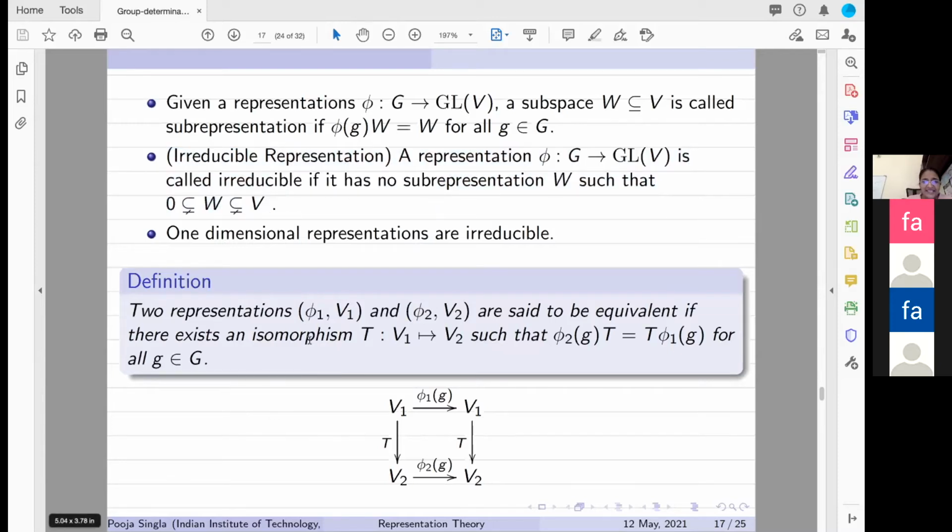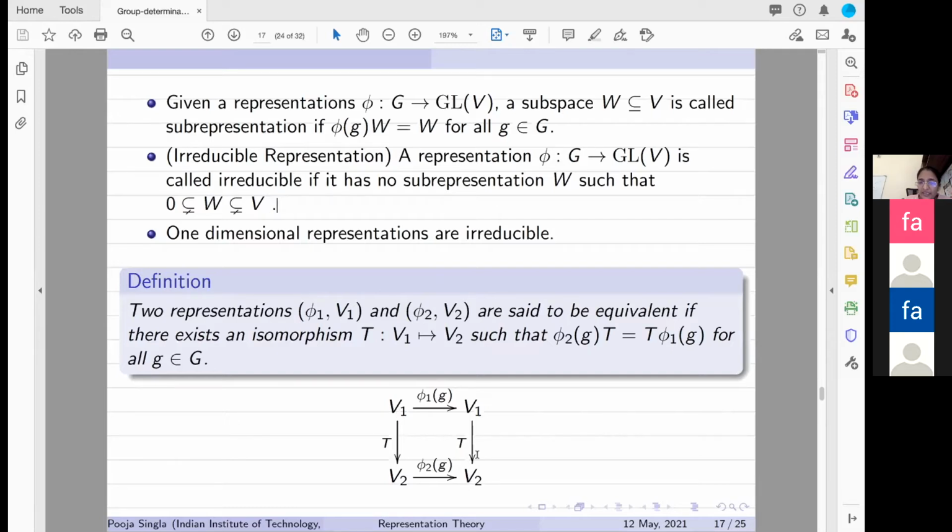And another thing I need is equivalence. So two representations, let's call them (phi1, V1) and (phi2, V2). By (phi1, V1), I mean phi1 is a map from G to GL(V1), and phi2 is a map from G to GL(V2). So two representations (phi1, V1) and (phi2, V2) are said to be equivalent if there exists an isomorphism T from V1 to V2 such that this diagram commutes, which really means that if I follow this path or I follow this path, I get the same value.